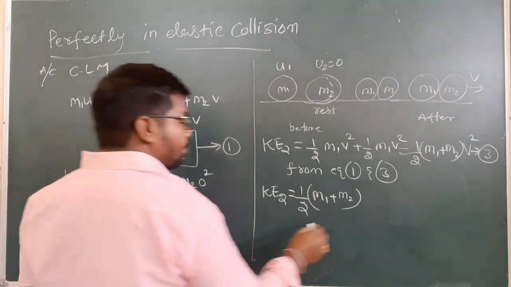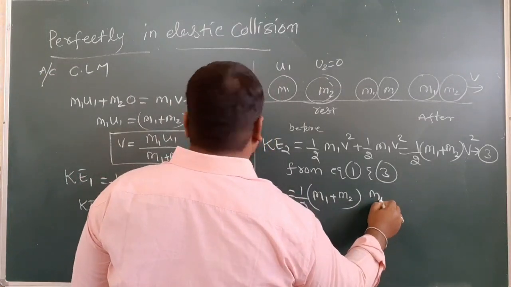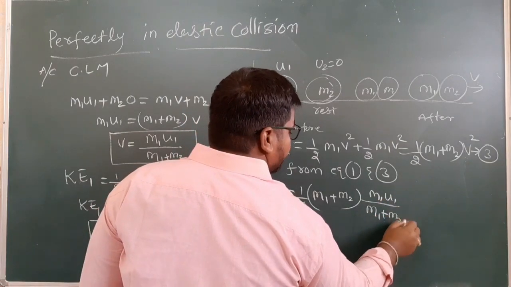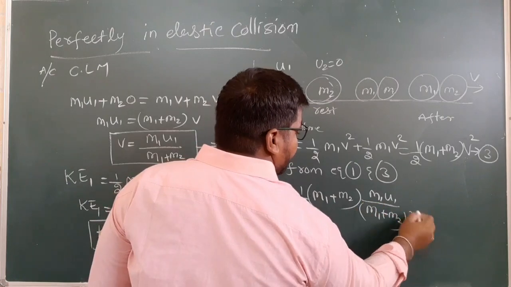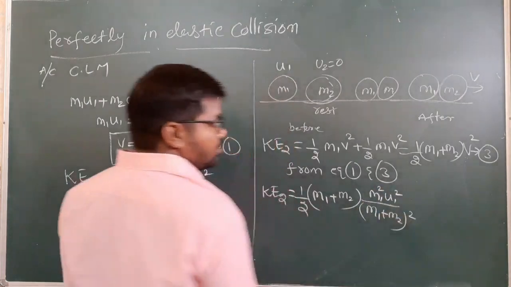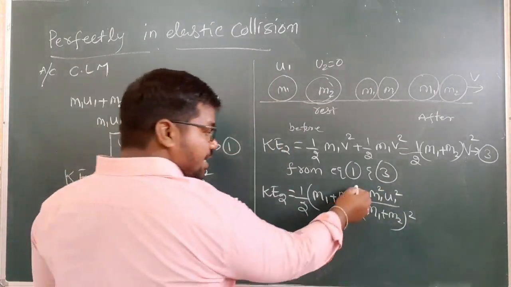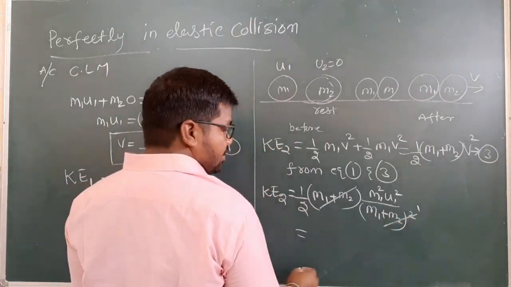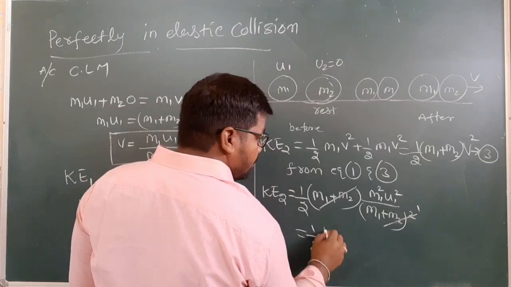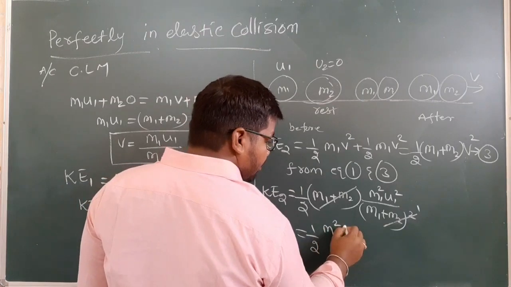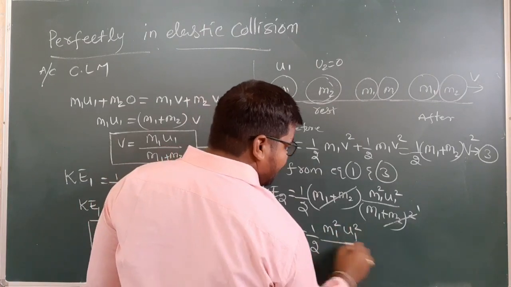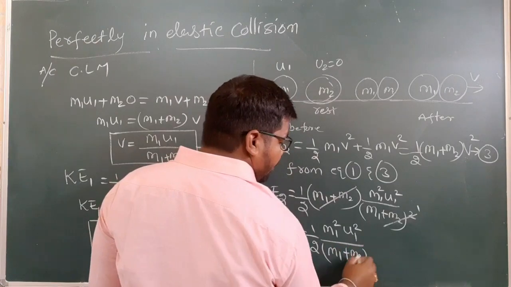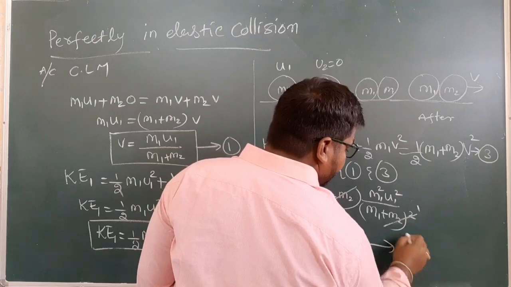Be careful: m1 u1 divided by (m1 plus m2) whole square. So by cancelling, we can get here 1 by 2 m1 square u1 square divided by m1 plus m2. This is equation 4.